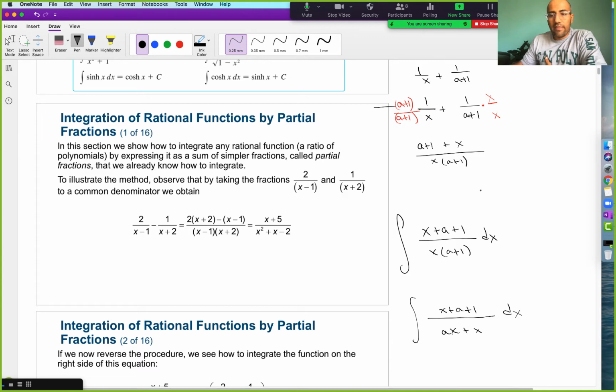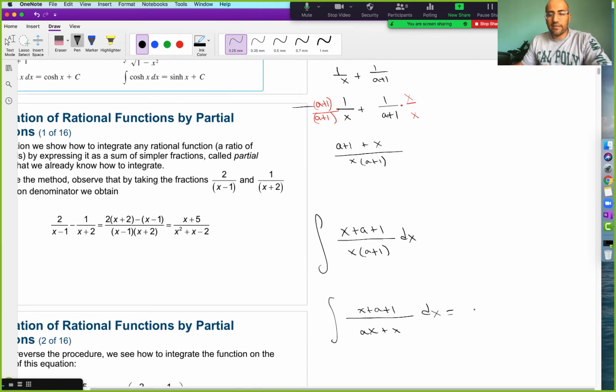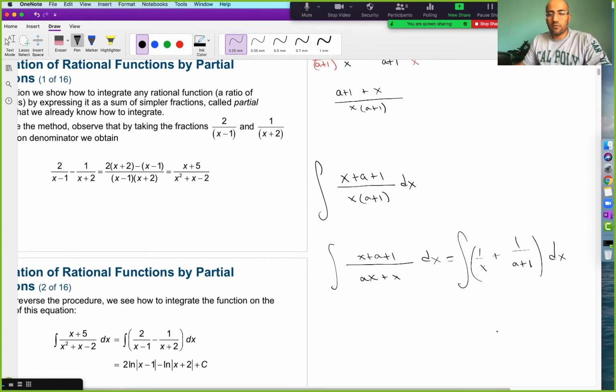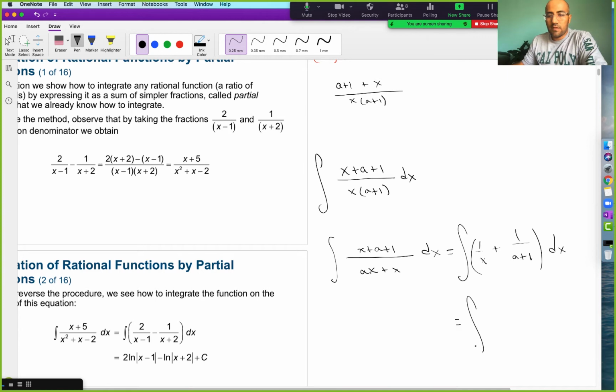So, based on that, I can say that this is the same thing as having the integral of 1 over x plus 1 over a plus 1 dx, which means we can separate this into two separate integrals. This is the same thing as the integral of 1 over x dx, easy, plus the integral of 1 over a plus 1 dx.